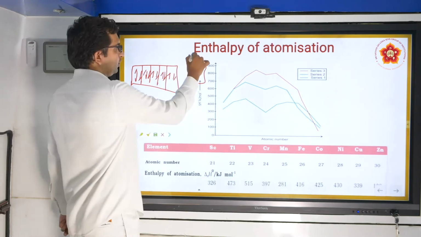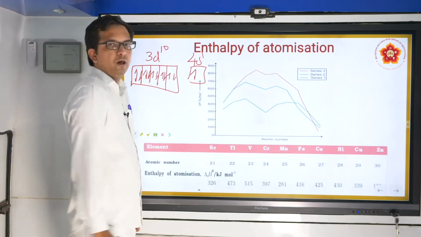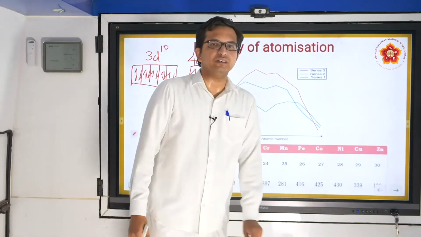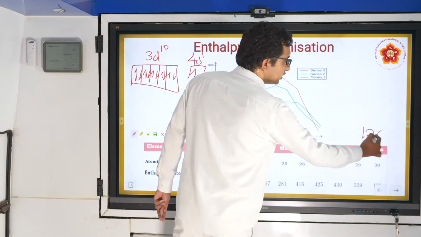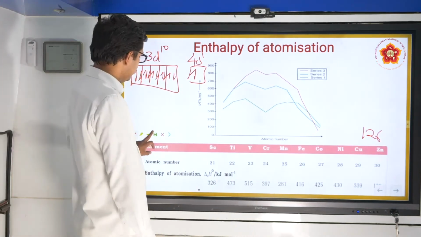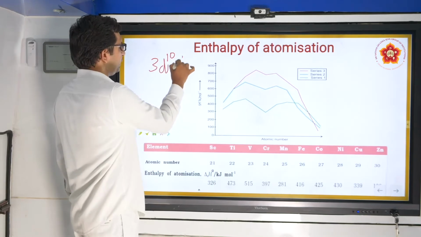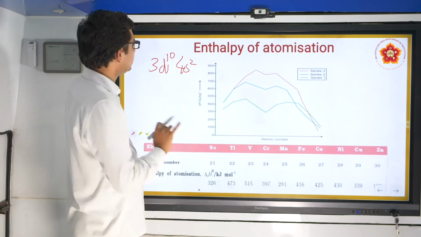Copper has a configuration of 4s1 and 3d10. Because of this fully filled stability, the enthalpy of atomization is decreased. But why has it decreased so rapidly for zinc, coming to 126? It is because zinc has a configuration of 3d10 4s2. It is not a part of transition elements, we have already seen that.